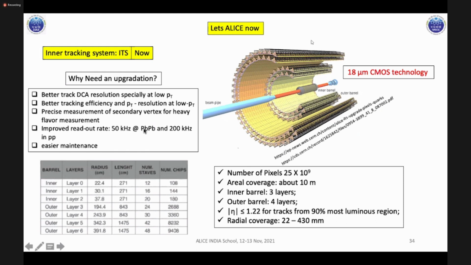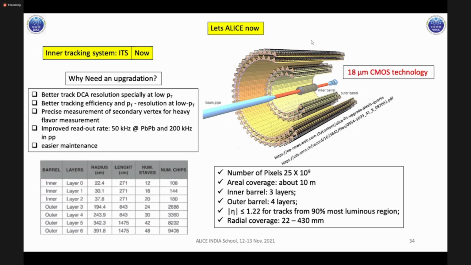And since we are using MAPS, it can now also handle a lot of particles, which is one of the most important requirements as far as this upgrade is concerned. Earlier the usual readout rate was 1 kilohertz.